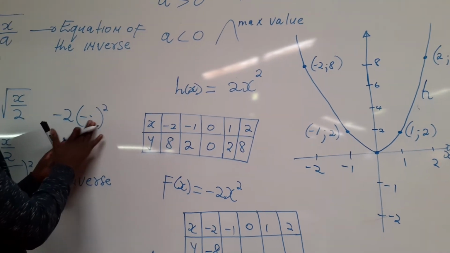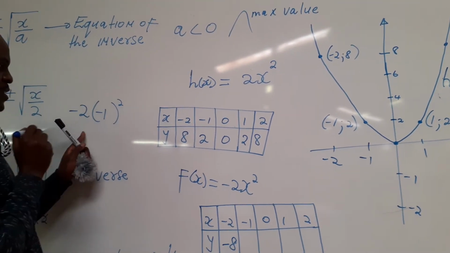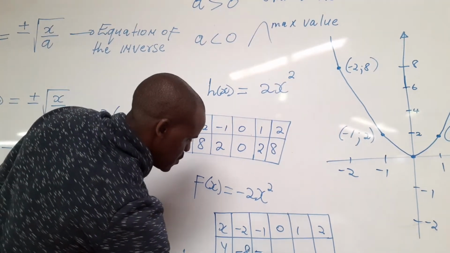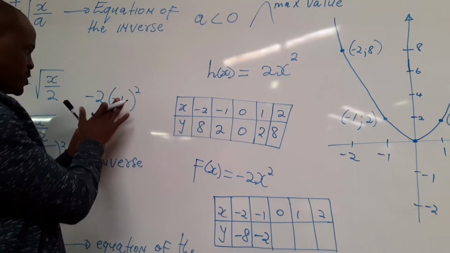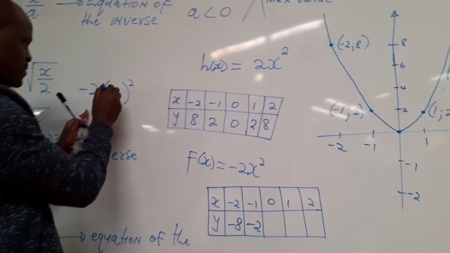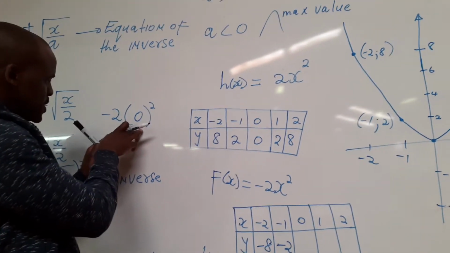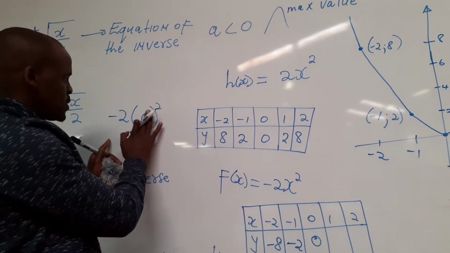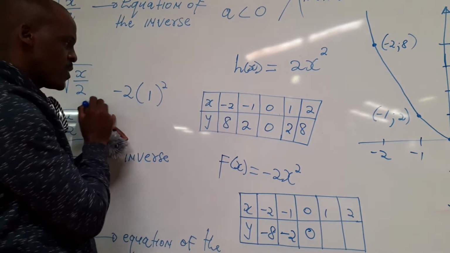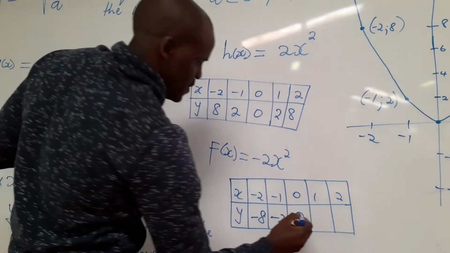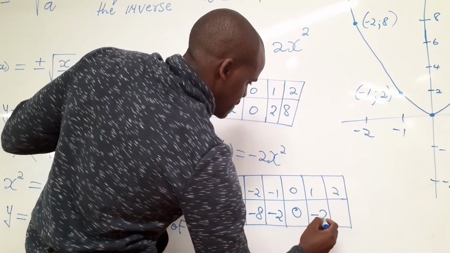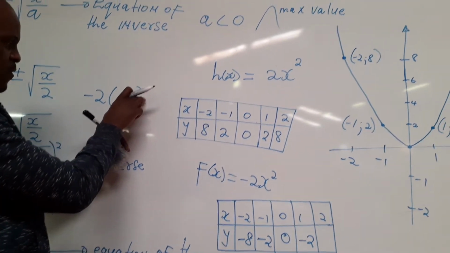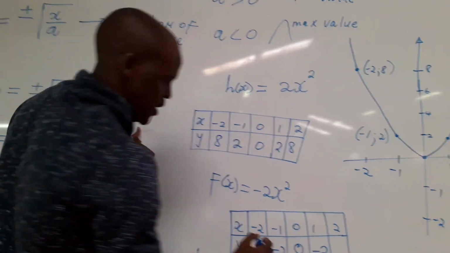We put -1 in the place of x. -1 squared is 1. 1 times -2, that's -2. We put 0 in the place of x, 0 times -2 is 0. Put 1, 1 times -2, that's -2. We put 2, 2 squared is 4, 4 times -2 is -8.